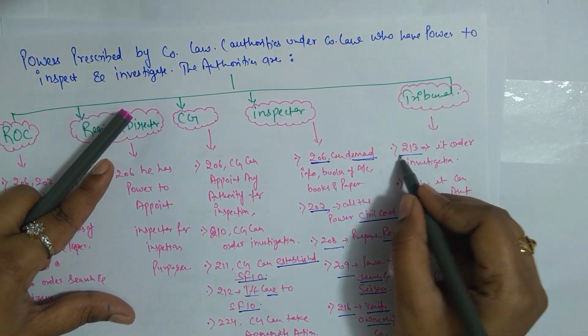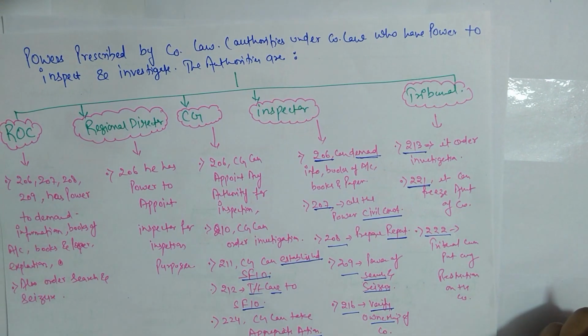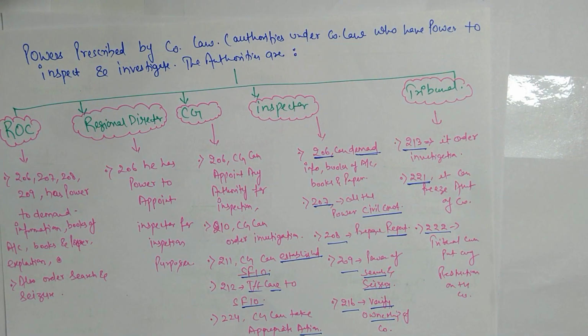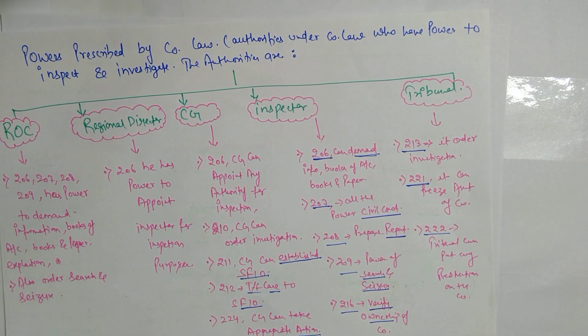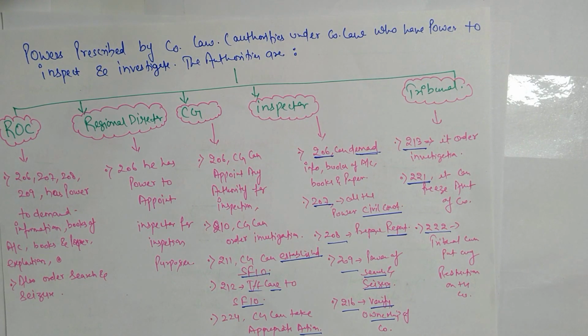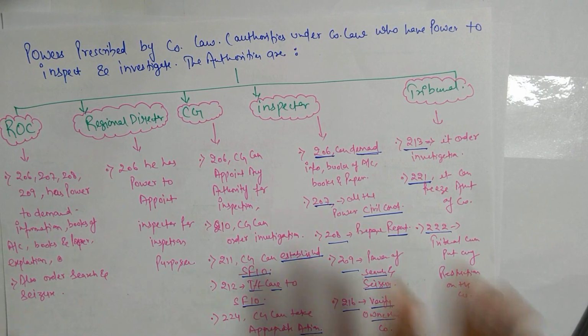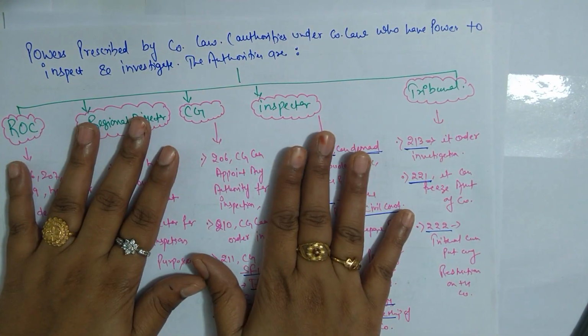And tribunal deals with 213, 221 and 222, where a tribunal can order investigation, can freeze the assets of the company, and can restrict or bind the organization's affairs for the time being if needed. Fine. These are the authorities who have power to do so.